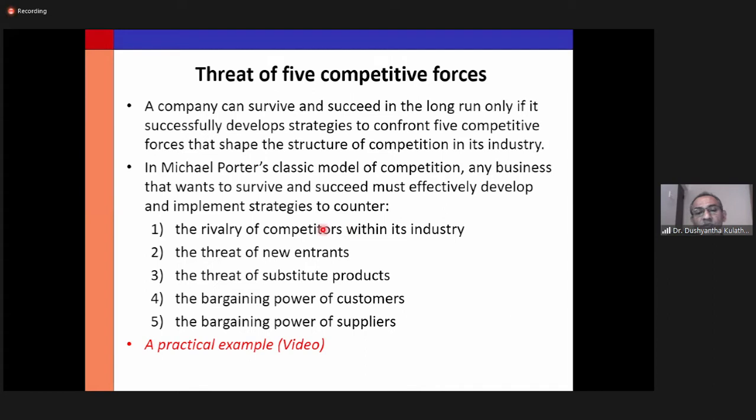Therefore, this five forces model is very much relevant to manufacturing companies. We may find it somewhat difficult to apply the five forces model especially to the service sector, because for the service sector we may not be in a position to identify suppliers who supply to manufacturers. So you have to keep that in mind when you analyze something utilizing this model, because it was primarily developed focusing on manufacturing sector companies.